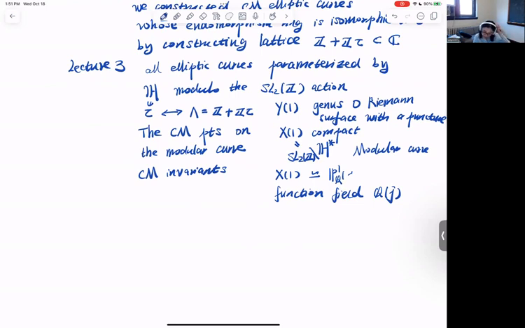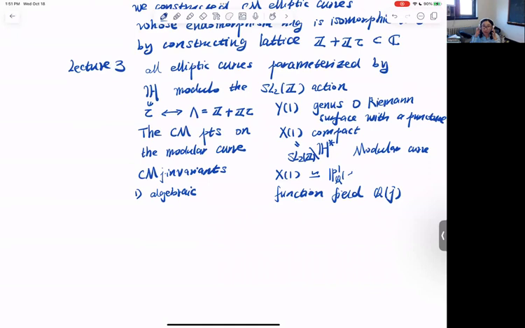The set of CM J invariants over C, we discussed two properties about it. First of all, these CM J invariants are so-called singular moduli. And first of all, these are algebraic.